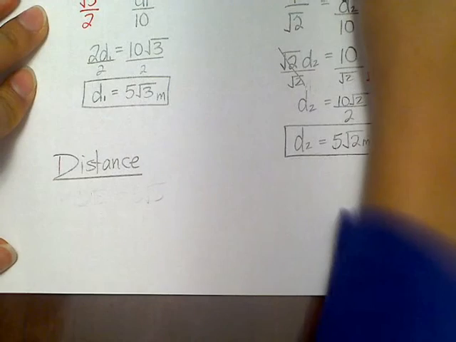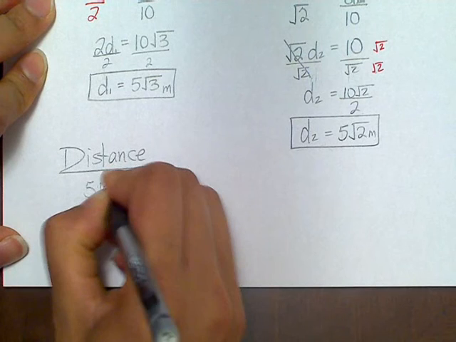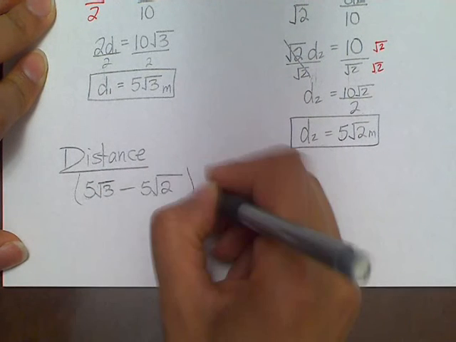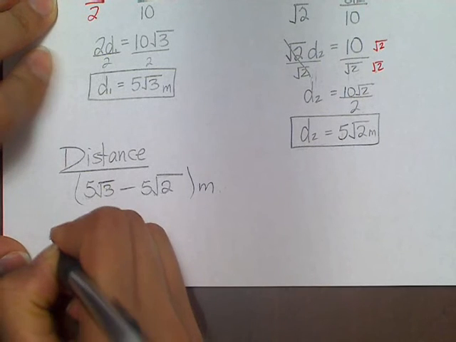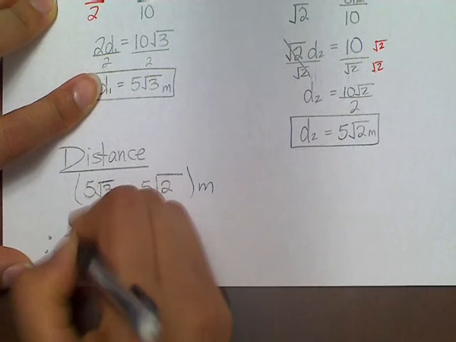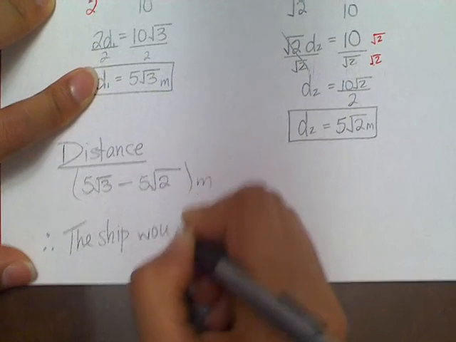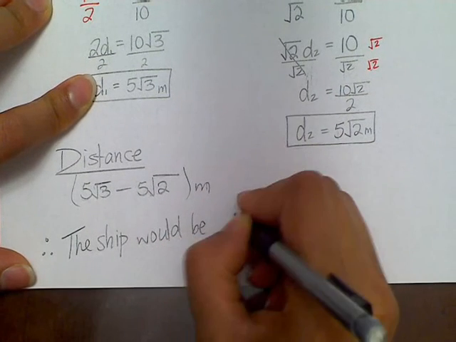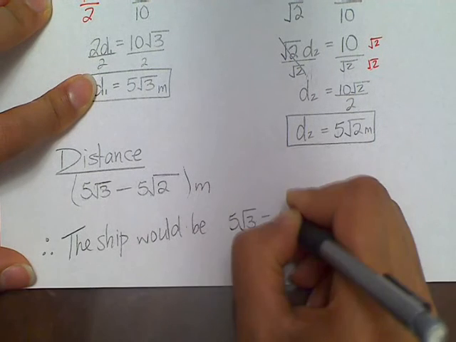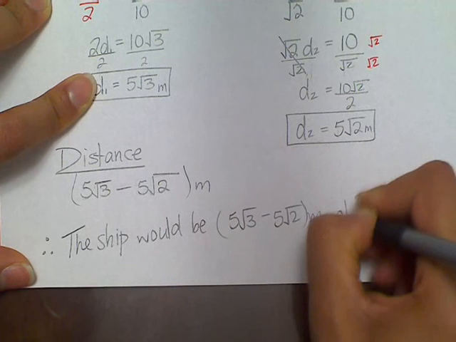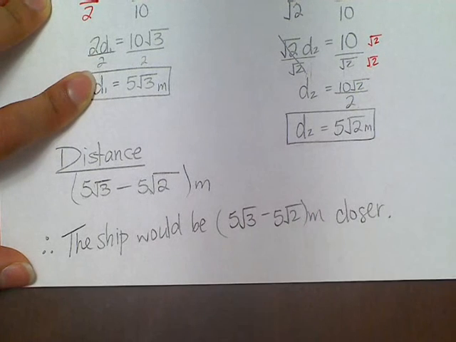That's the longer distance, that's the shorter distance. So if I look at the difference between them, I have 5 root 3 minus 5 root 2, and this is in meters. So therefore, the ship would be 5 root 3 minus 5 root 2 meters closer.